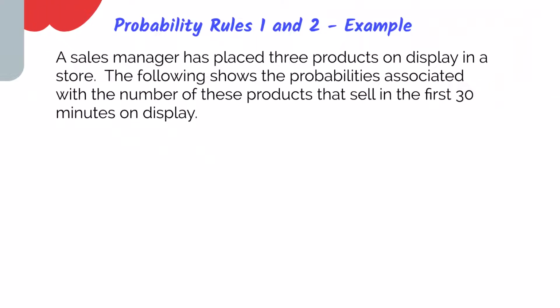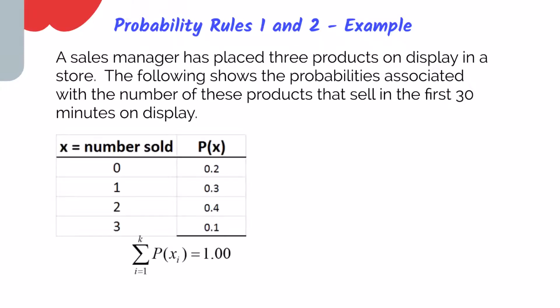A sales manager has placed 3 products on display in the store. This table shows the probabilities associated with the number of products that sell in the first 30 minutes on display. X represents the number of items sold, and P of X is the probability of that many items being sold. For instance, there is a 0.2 probability that 0 items will be sold in the first 30 minutes.